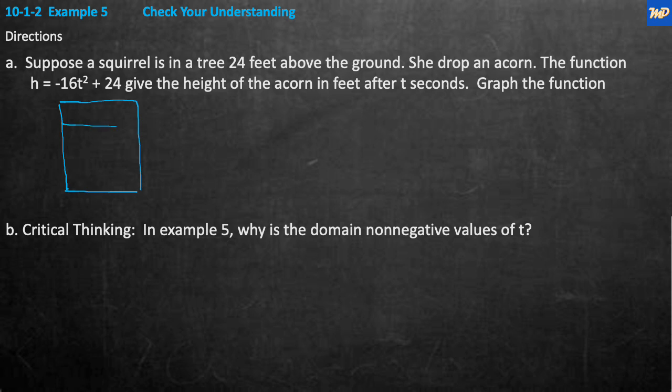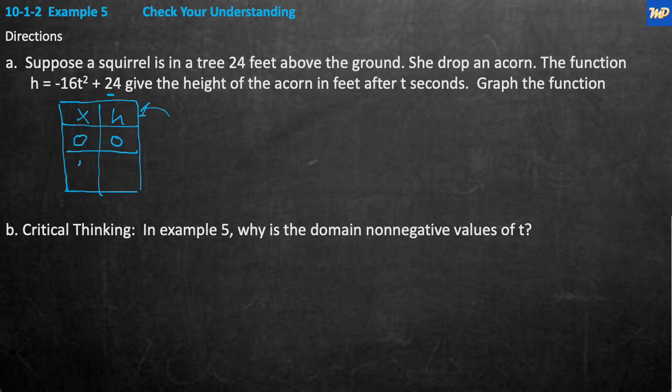We're going to say this is x, and this equation is h, the value, right? So when x is 0, h is 24, because 16 times 0 squared is 0.